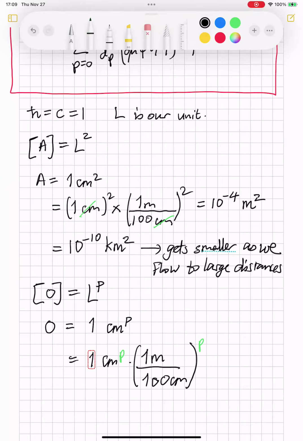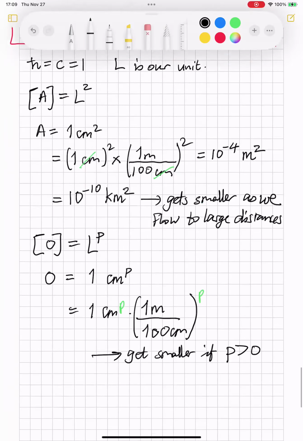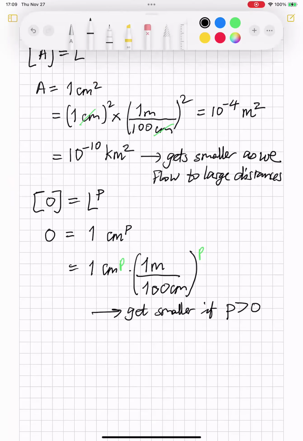Okay, so what will happen here? Well, this quantity will get smaller if P is greater than naught, because then we're taking this fraction, which is 1 over 100, and we're raising it to a positive power.